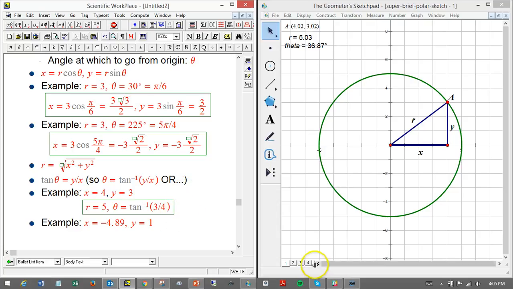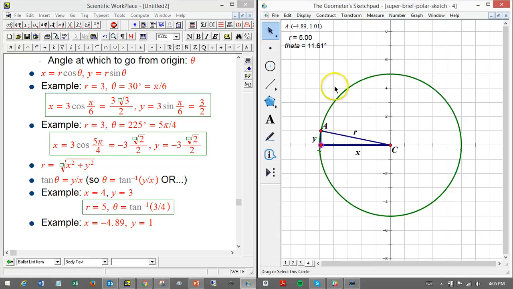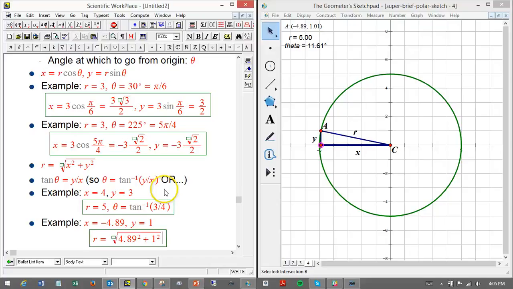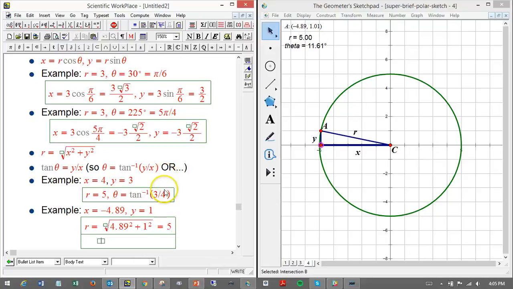Okay. One last example. Got to do one in one of these quadrants, quadrant 2 or 3. Here, r, again, is 5, turns out. If you take the square root of 4.89 squared plus 1 squared, it's basically 5. I just kept the same radius.